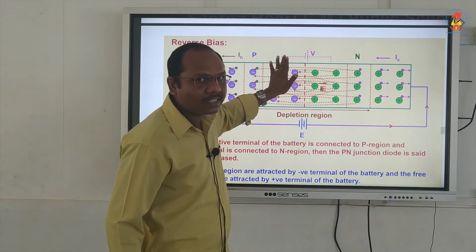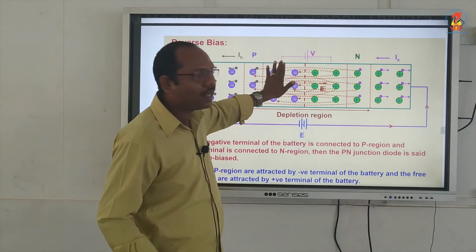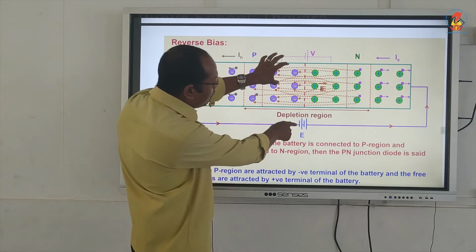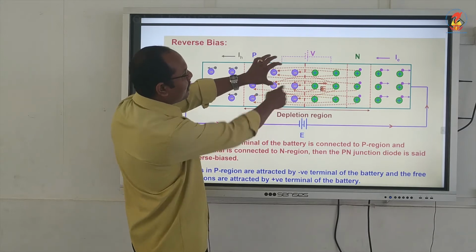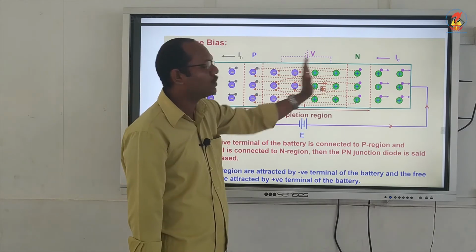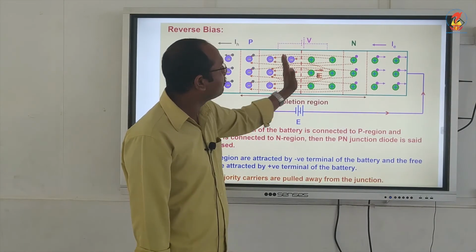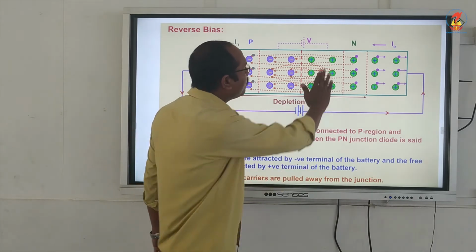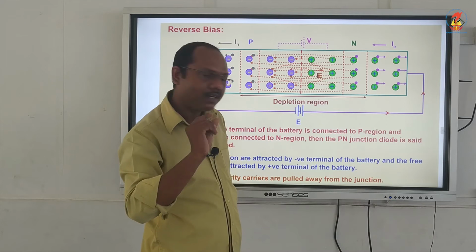Those electrons, listen to me carefully, those minority carrier electrons here will be repelled by the negative terminal. They will be repelled by the negative potential, and they can drift towards the N side. Similarly, which are the minority carriers on the N side? Holes, right?